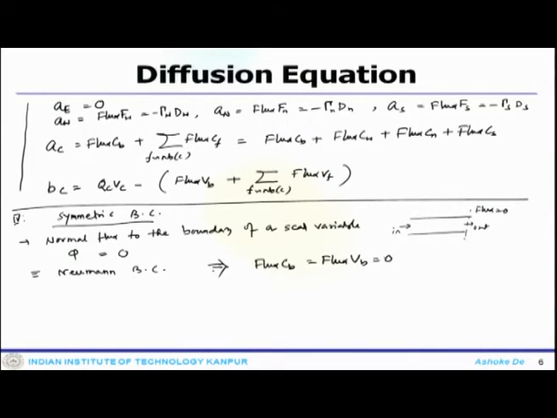So, the discretized equation can be modified for the symmetry boundary condition, again applied at the east face. This is my C, and it is applied at the east face.